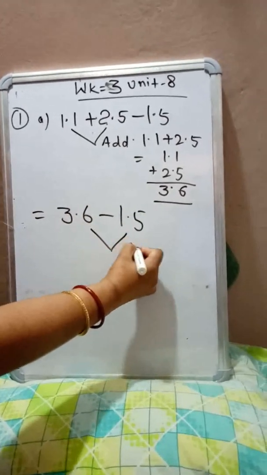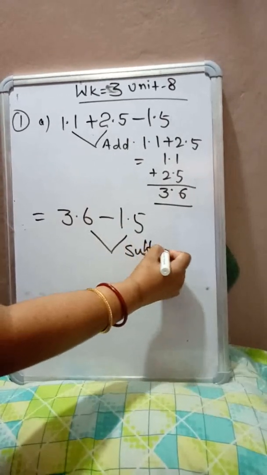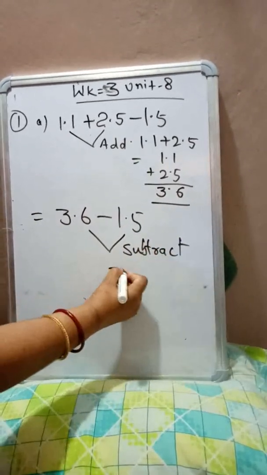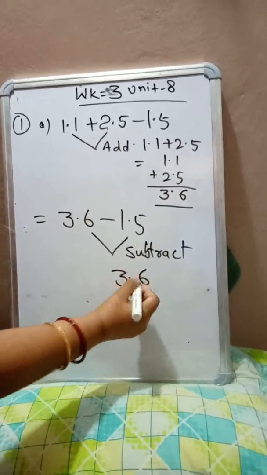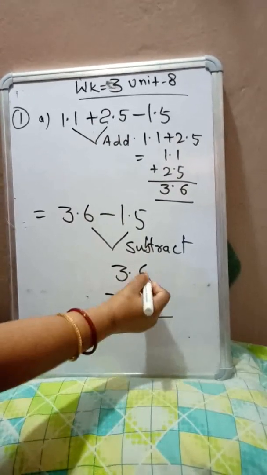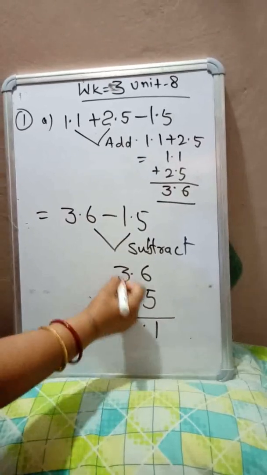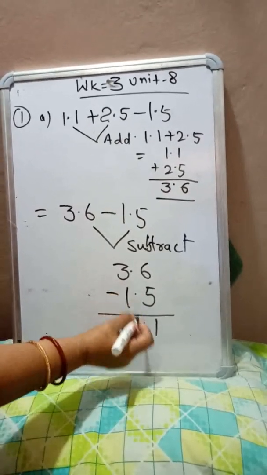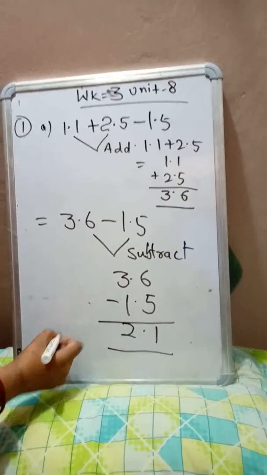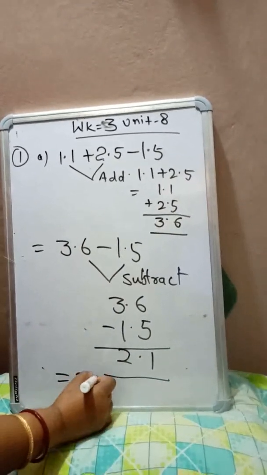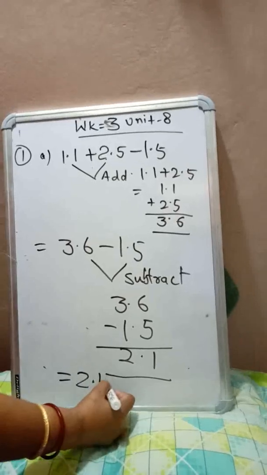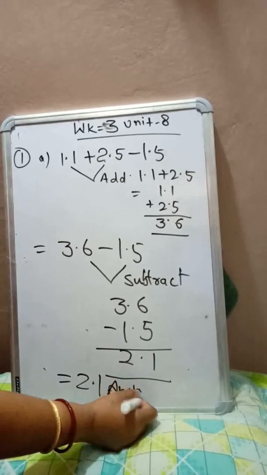This is the second step, subtract. We write these two numbers in column, 3.6 and 1.5. Subtract: 6 minus 5 is 1 and 3 minus 1 is 2. So after subtraction the answer is 2.1. Right? So this is the answer.